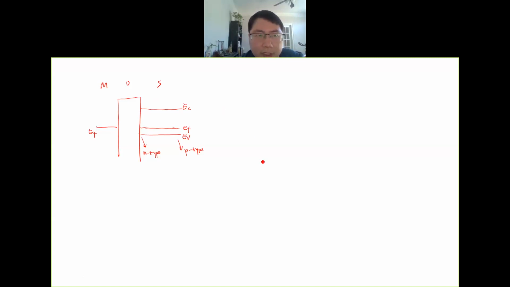And we discussed many times, positive voltage in the band diagram means pushing down the band. So the band will be pushed down by your gate voltage, so everything will be bent down like this.